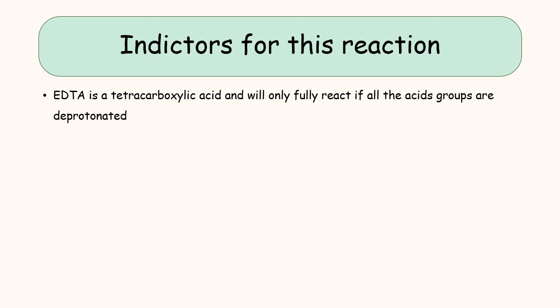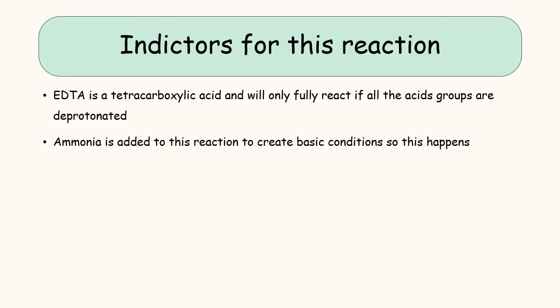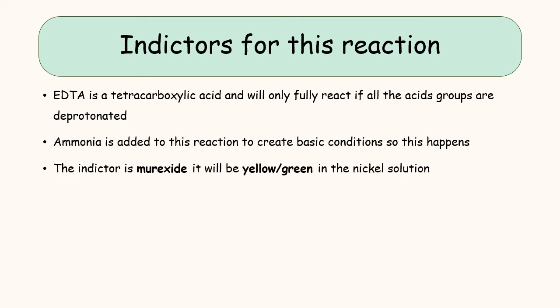To do that, we need to add a base that will accept those protons, or steal those protons away from EDTA. And ammonia is used for this. So it's creating basic conditions so that our EDTA is absolutely ready to do its complex forming.